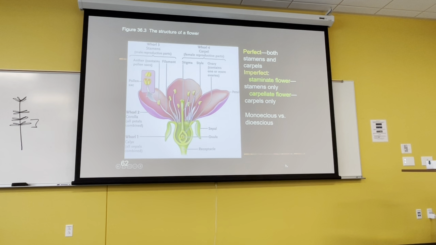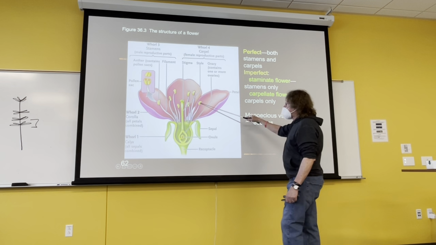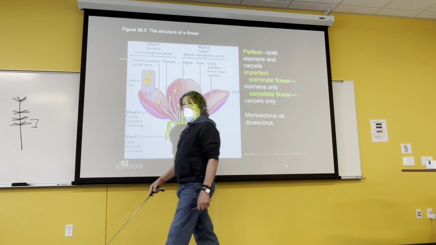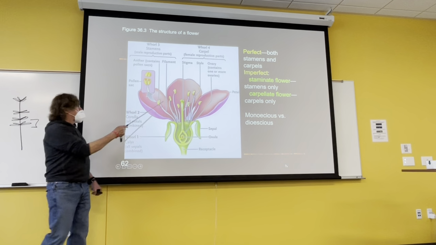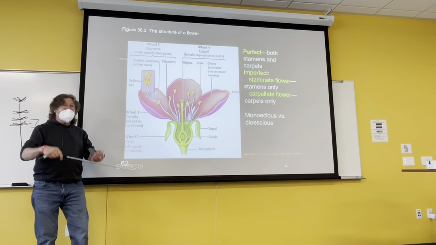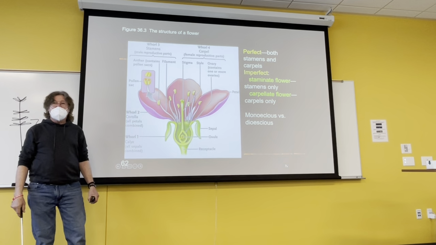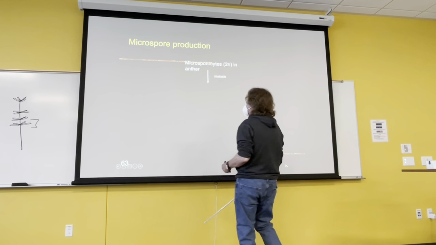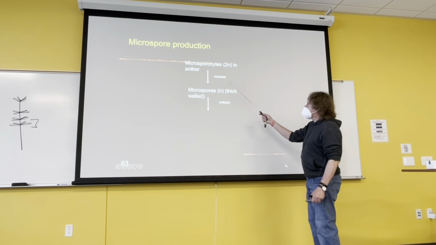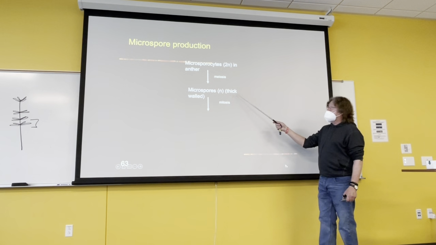And all that story happens right up here in the anther. And when the pollen is mature, the walls of the anther split open so that the pollen can be released. Very easy. Okay, so that's what's happening here. Meiosis, microspores, they're usually in a very thick wall.